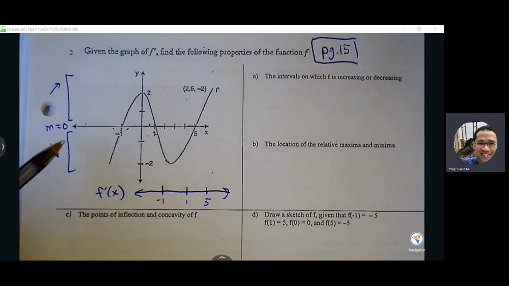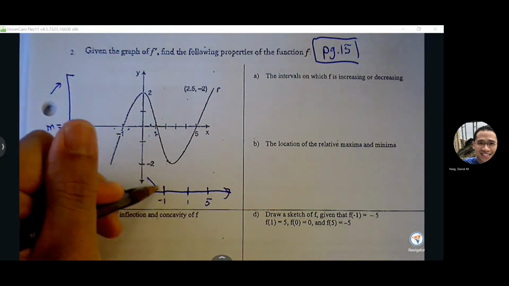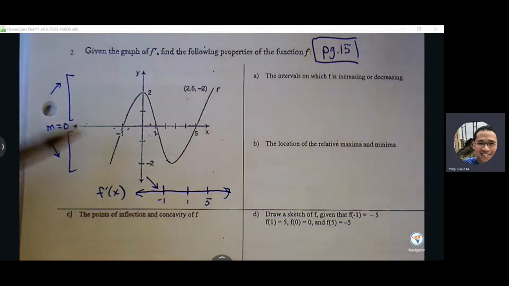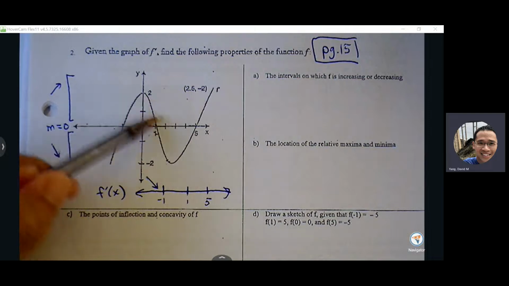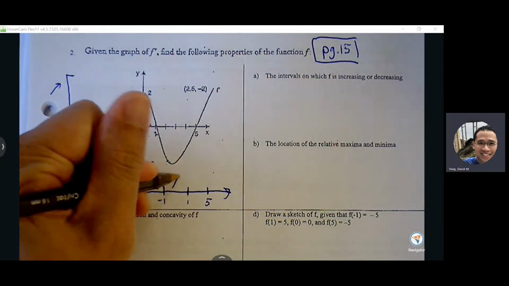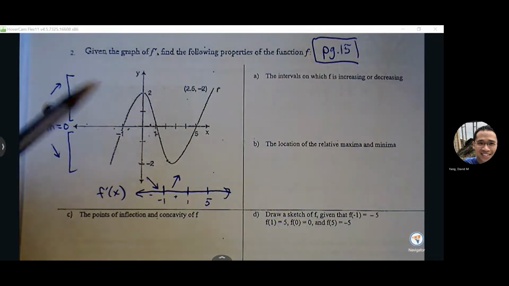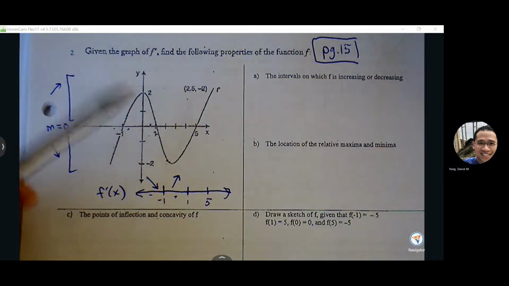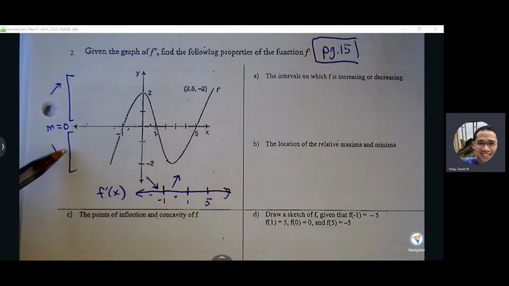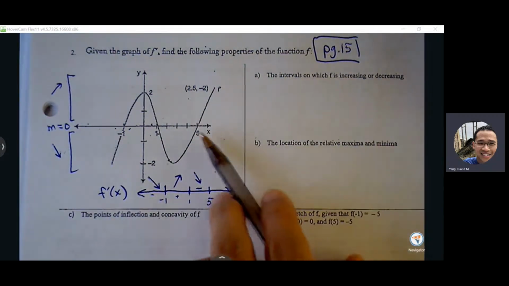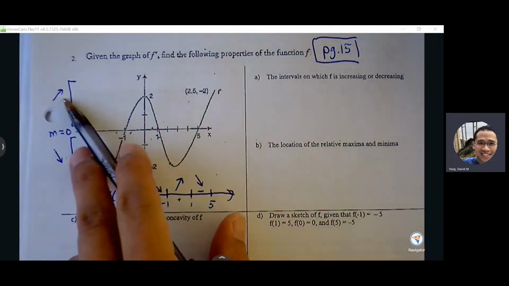To the left of -1, my graph is clearly below the x-axis, so this is my guide here, negative slope. Between -1 and 1, clearly above the x-axis, so positive slope. Between 1 and 5, clearly below the x-axis, so negative slope. And to the right of 5, above the x-axis, positive slope.